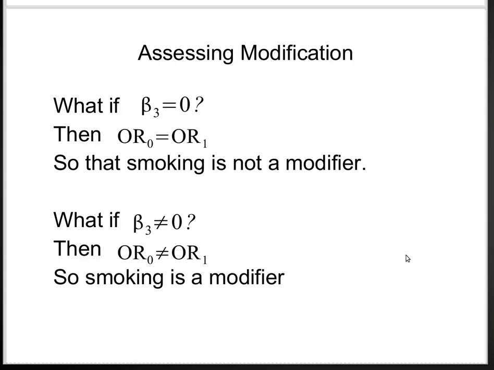That the odds ratio for the non-smokers is equal to the odds ratio for the smokers. Go back and look at the equation again if you're not quite sure. That says that if beta 3 is 0, then smoking is not a modifier because the two odds ratios are the same. On the other hand, if beta 3 is not 0, then the two odds ratios are not the same and smoking is a modifier.